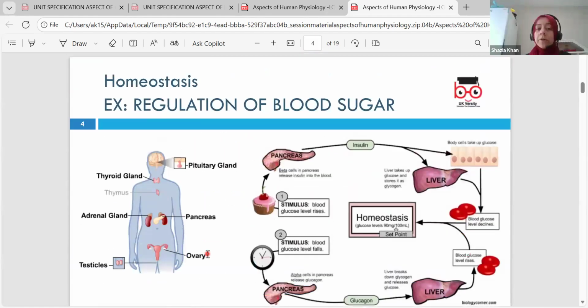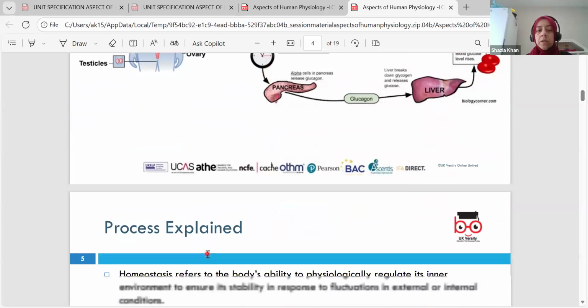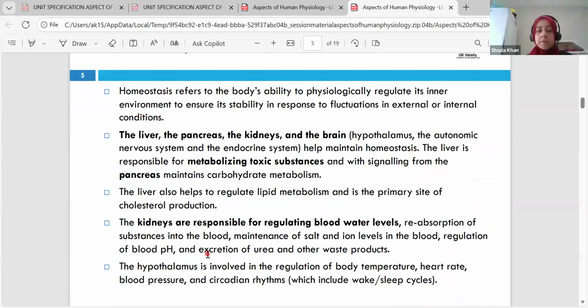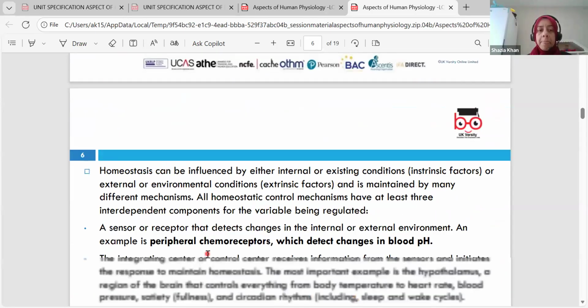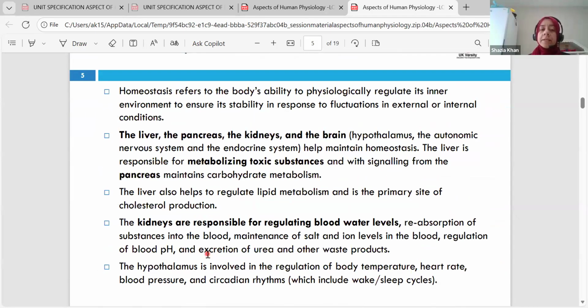Now, homeostasis and regulation of blood sugar. We'll give an example of how blood sugar is regulated. We've talked about what homeostasis is. So we'll give an example of the liver, the pancreas, the kidney, and the brain, which help maintain homeostasis.